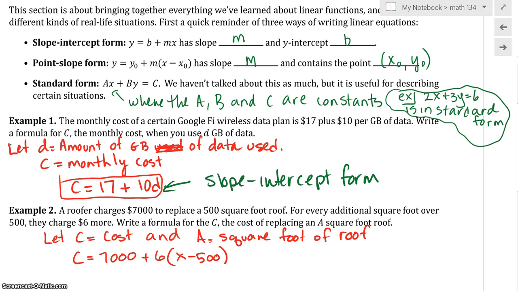It's at a point, right? So it is the initial amount at the 500. And that's why I called it x1, y1 instead of x0, y0, to not confuse that. But it is the initial amount there. And each additional, like at 600, or sorry, 501, it costs $6. So that is using the point slope form. So we have an example of each of those.